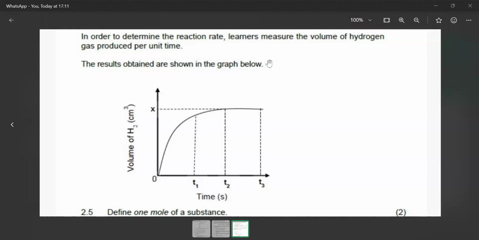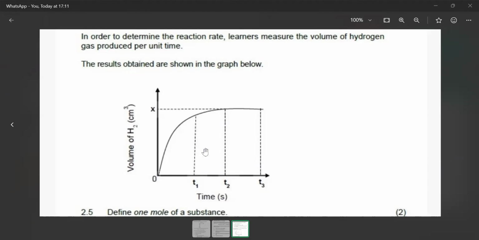Okay, thank you so much, Elsie. So in order to determine the rate of a reaction, learners measure the volume of hydrogen gas produced per unit time. Because that's how we define the rate of a reaction anyway. It's the speed, it's how fast a chemical reaction takes place.